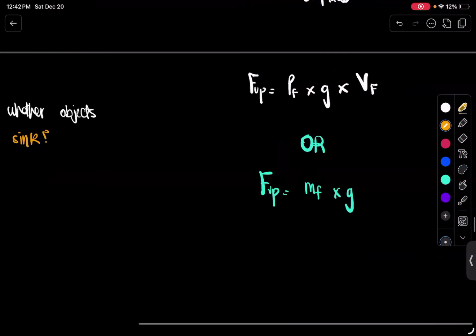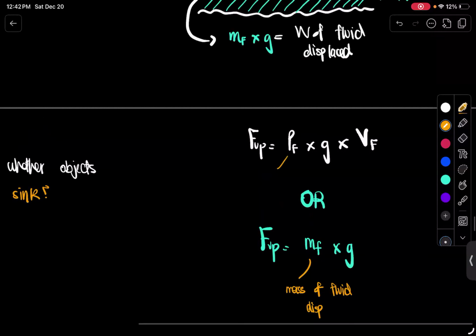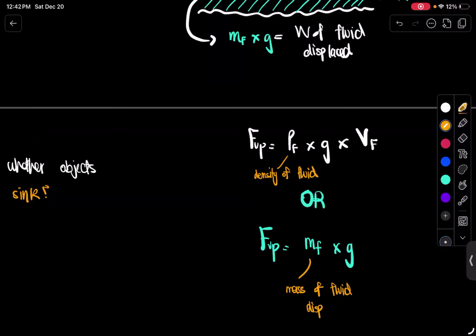So in fact, write it down. This is the mass of fluid displaced. And rho F is density of fluid. Make sure you remember that. It is never density of object, it is density of fluid. Now, VF means two things.